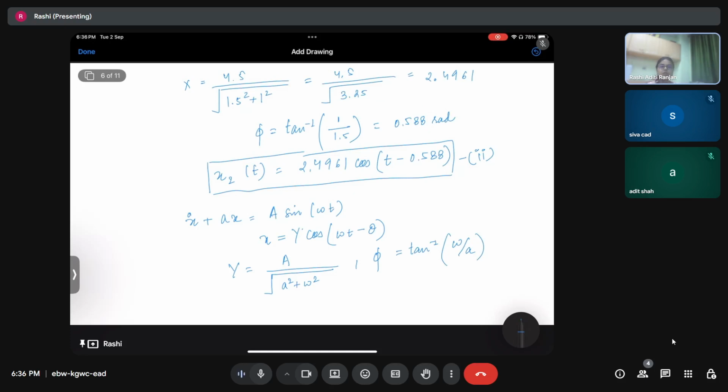So the equations are almost similar, right? The only difference is that the forcing function amplitude in capital X and capital Y is getting changed.